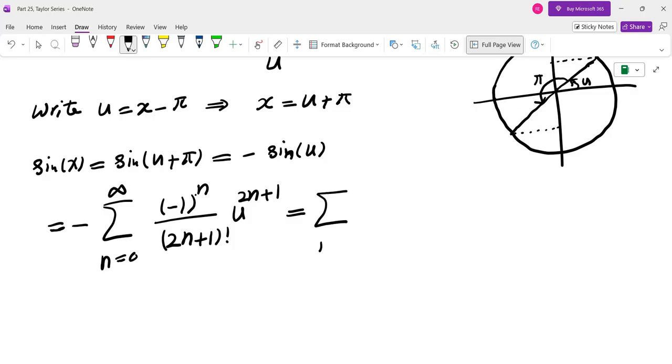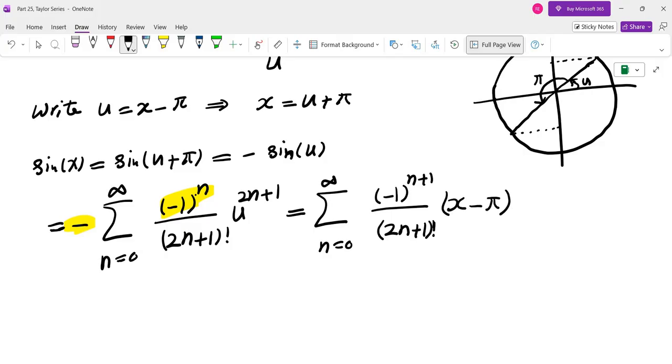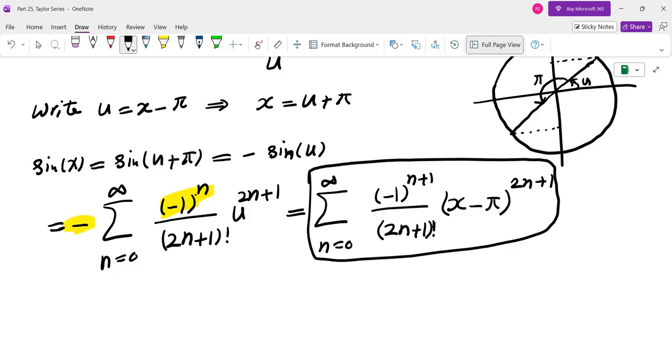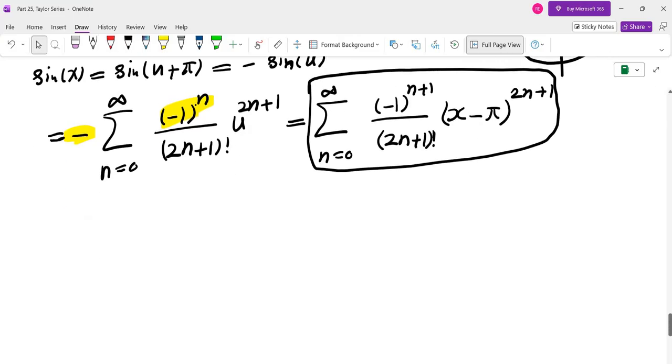Now I have a negative sign here, and I have negative 1 to the power of n. I can multiply them to get negative 1 to the power of n plus 1 divided by 2n plus 1 factorial, times x minus pi, because u is x minus pi, to the power of 2n plus 1. So this is the Taylor series for sine centered at pi.